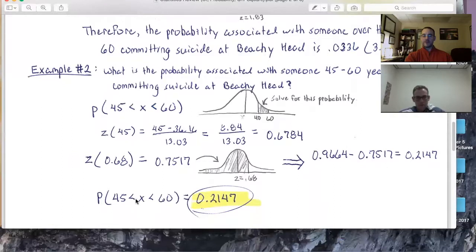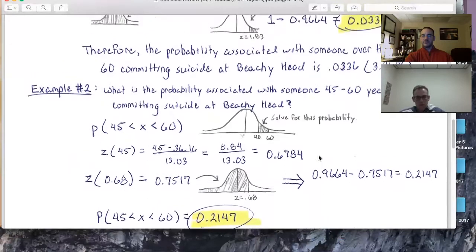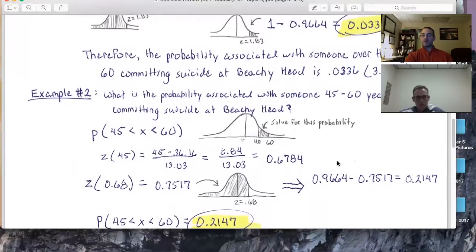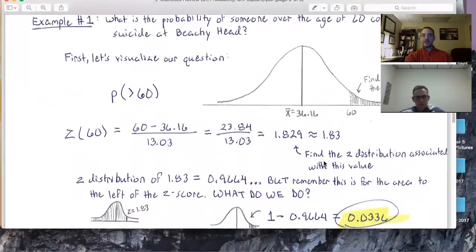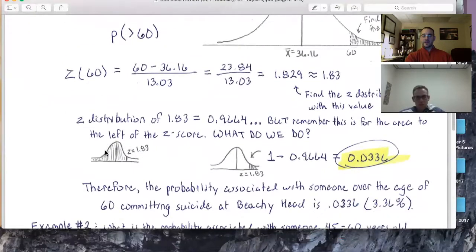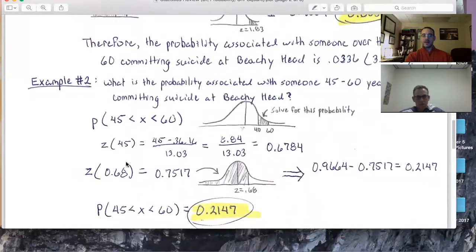We're solving for x between 45 years old and 60 years old. We just said that we had already found the probability under the curve for that age of 60, which was everything up here, right? Everything under this curve. And now we just solve for everything under this part of the curve.